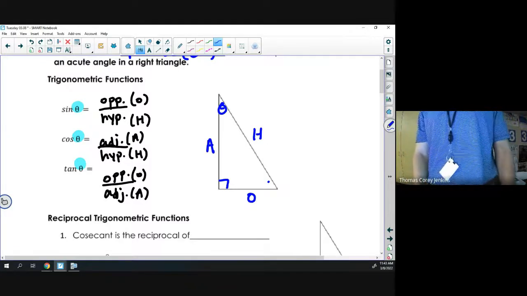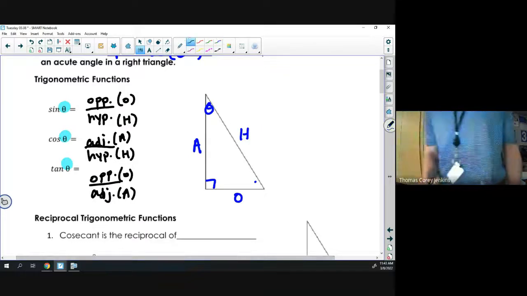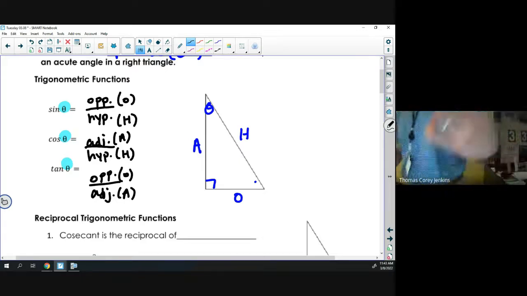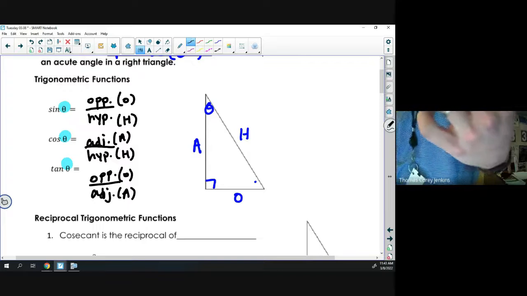Now, as far as remembering all these ratios, like O over H, A over H, O over A, there is this SOHCAHTOA thing that you may have heard of in the past. That's what I like to use. It's not a real word.